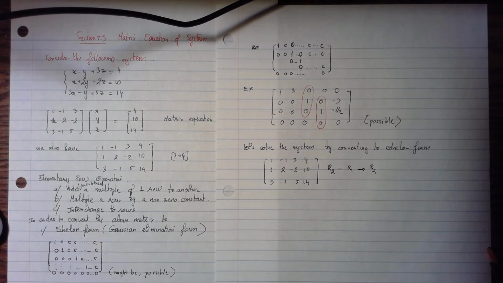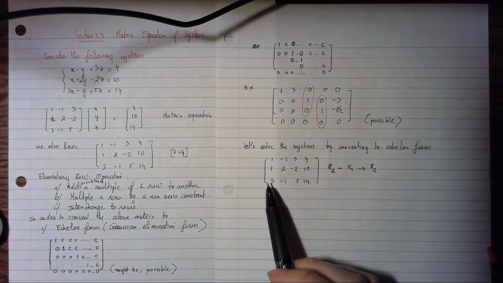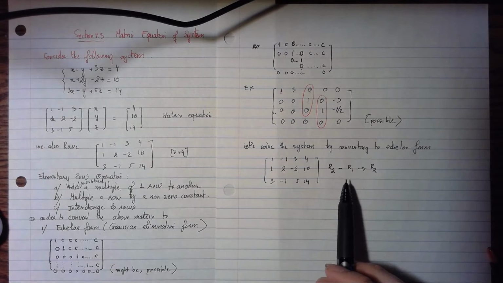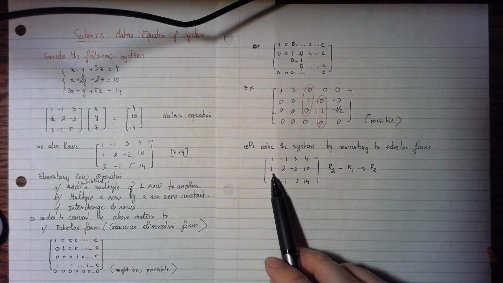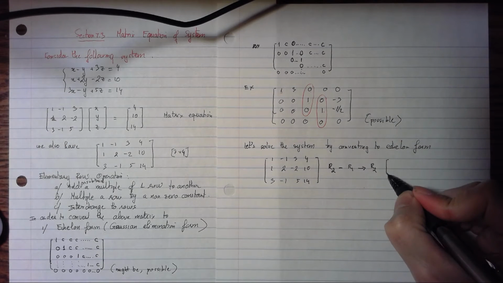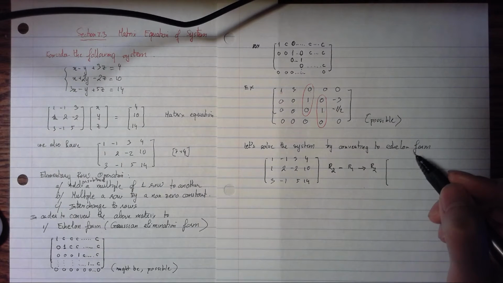You want to change row 2, you take row 2 minus row 1. Why do I have to minus row 1 and not row 2 and not row 3? Because 1 minus 1 is 0. That's why I have the new row 2 with 0 over here. So my row 2 will be new and row 1 and row 3 will be the same.